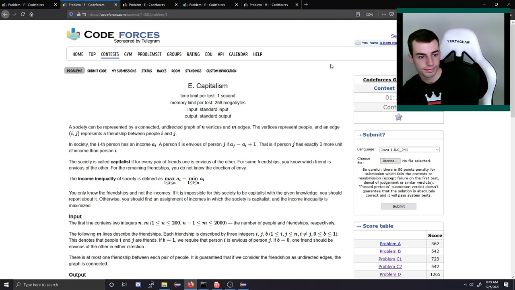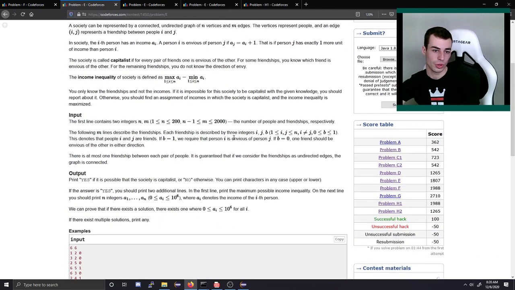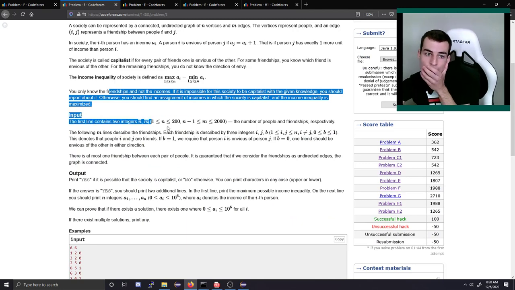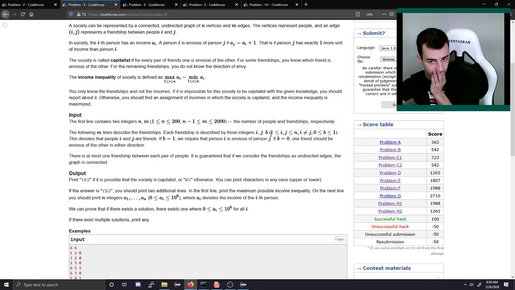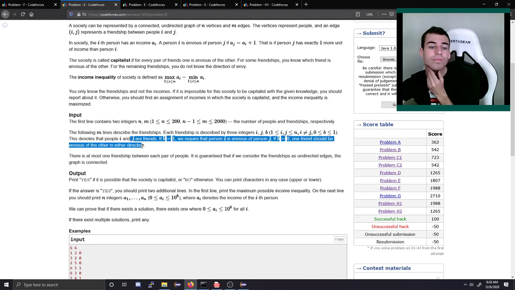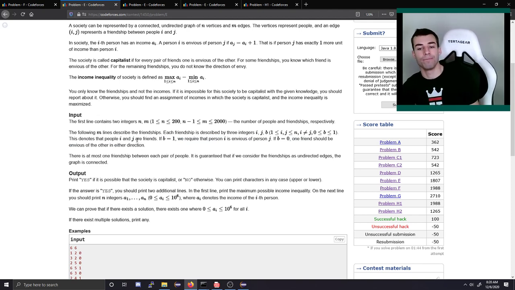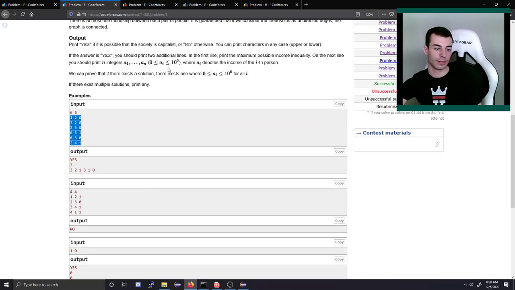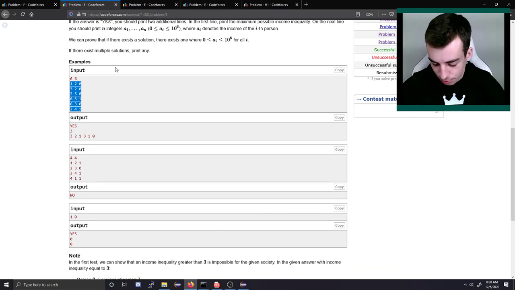Vertices represent people, and edge represents friendship between people. Yeah, friend group, you know the direction of some edges. Okay, yeah. Let's do some examples.